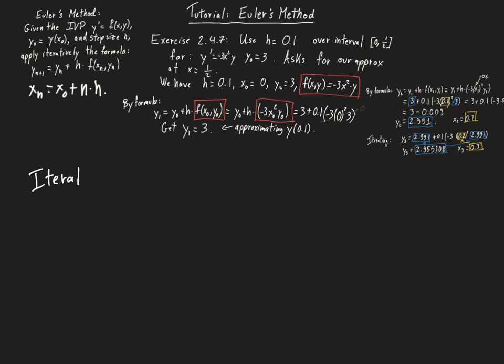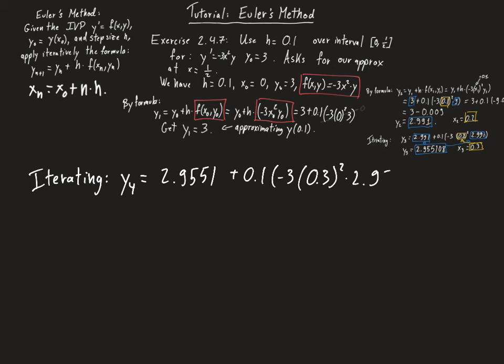So iterating once more, we're going to get that y4 is going to be equal to, I'm going to do what I preached here and round that y3 to 4 digits. So 2.9551 plus 0.1 times negative 3 times 0.3 this time squared times 2.9551.